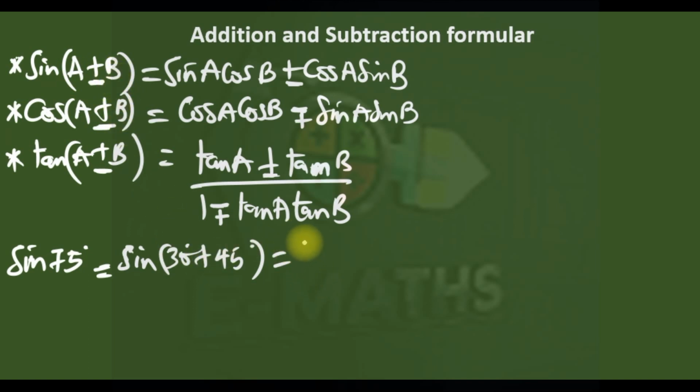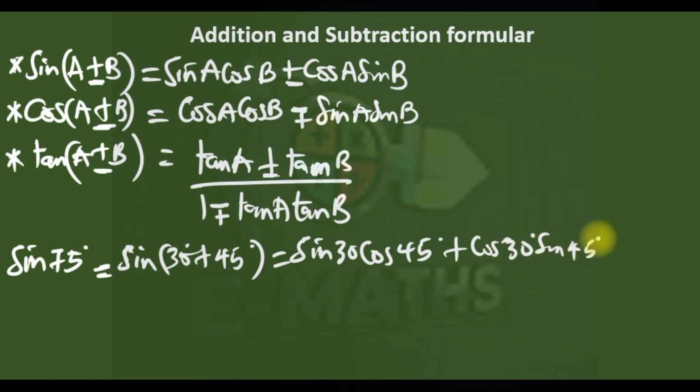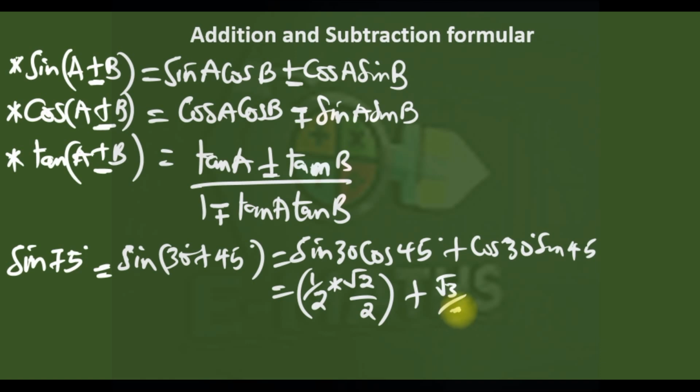So we'll split it as sine 30 cos 45 plus cos 30 sine 45. Now we know that sine 30 is half, times cos 45 is root 2 over 2, plus cos 30 is root 3 over 2, and sine 45 is also root 2 over 2.